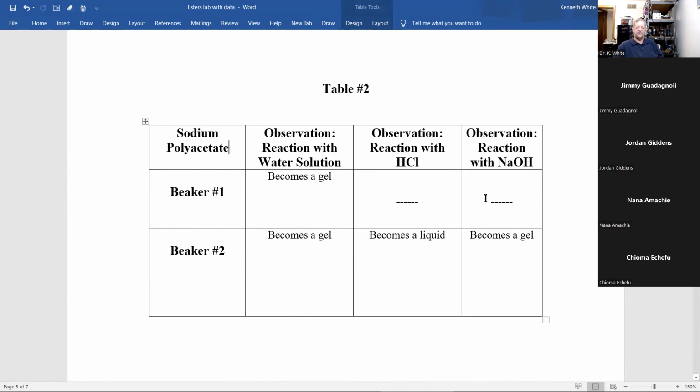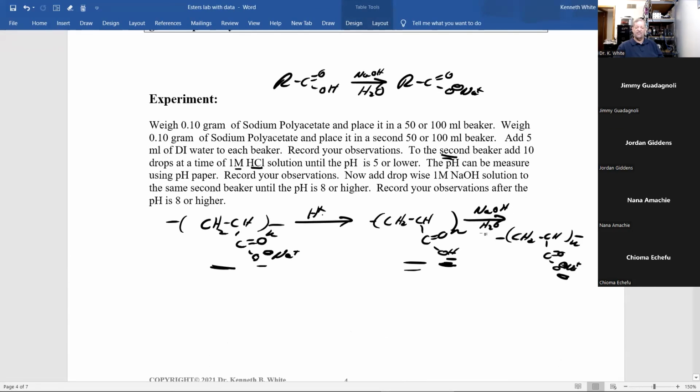This you just keep the same. Beaker 1, beaker 2, when you add the acid, becomes a liquid. And when you add the base again, becomes a gel, because it's undergoing these reactions. This is when you add the HCl, which is really H plus acid, and it forms the carboxylic acid. When you add base again, it forms the carboxylate anion.